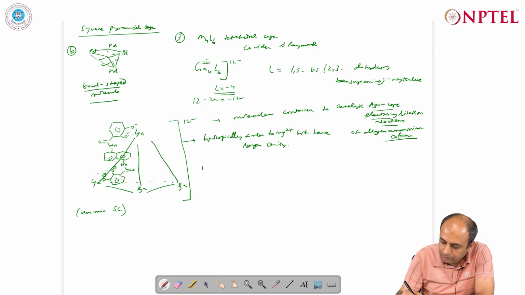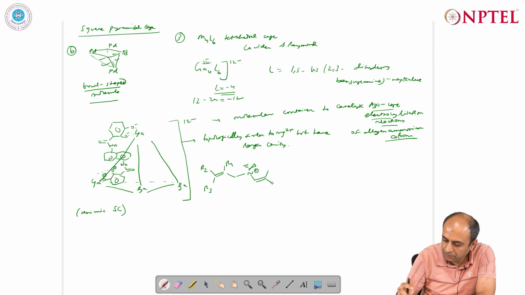So we have this particular acyclic host, and what happens now inside this particular container.